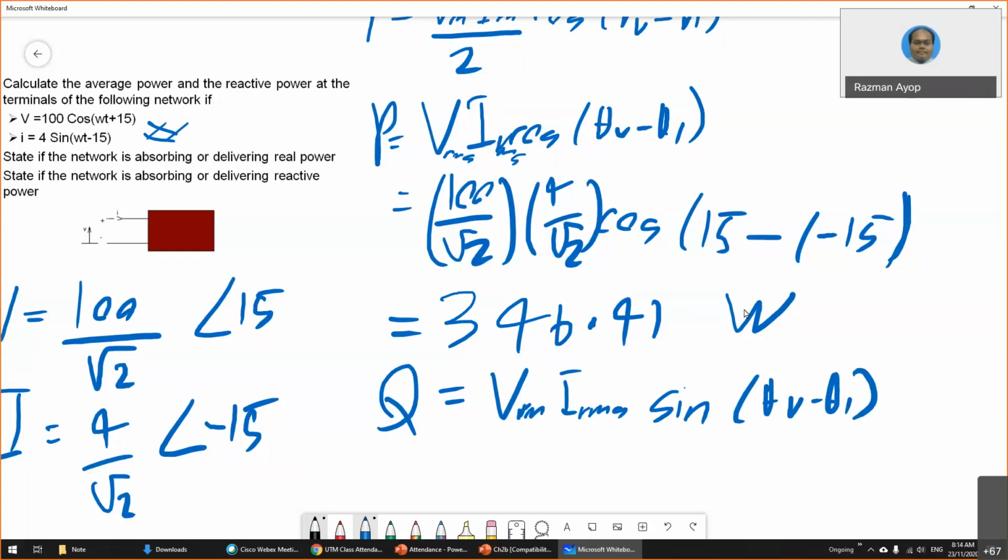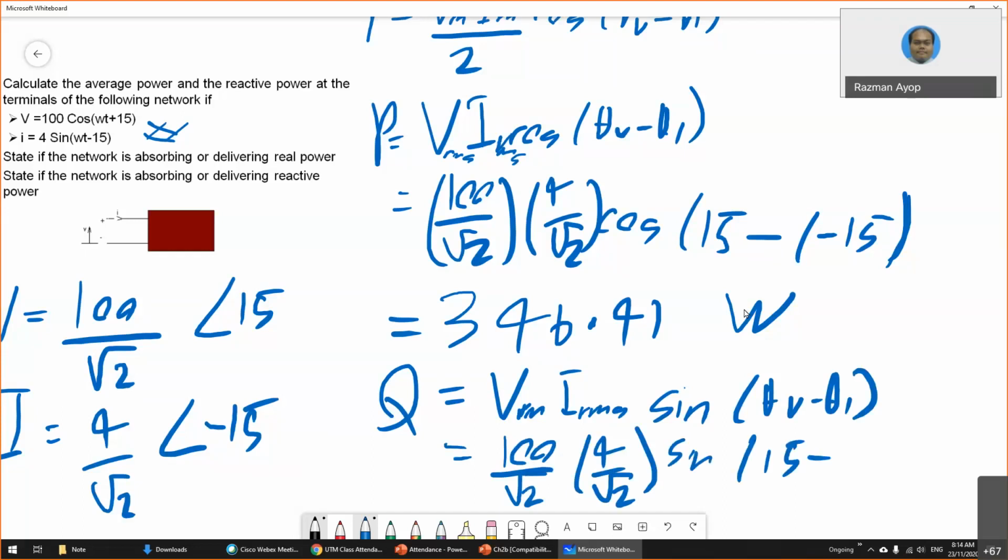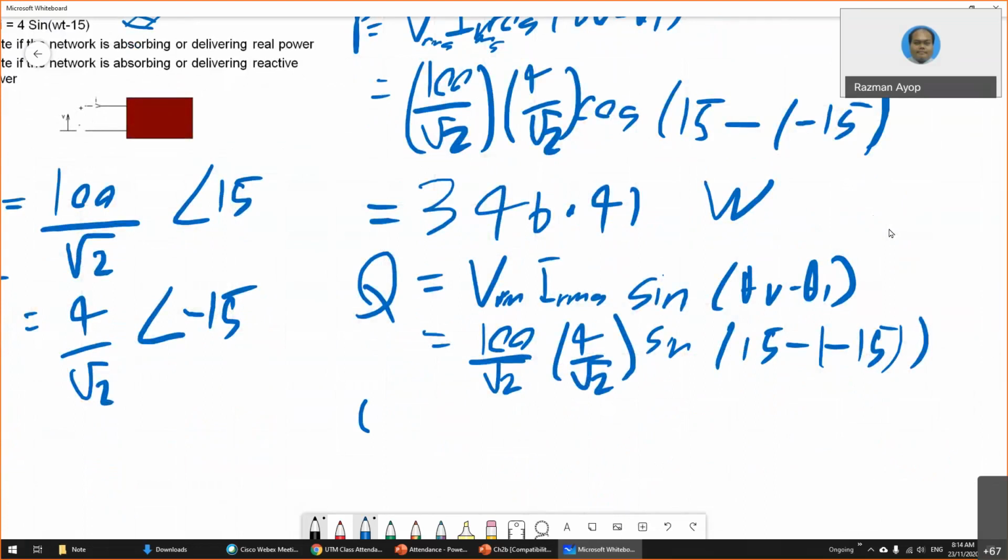So take the magnitude only, 100 divided by square root 2, then multiply by 4 divided by square root 2, sine(15 minus 15). So use your calculator. So Q equals, you get 200 var. For Q the unit is var.